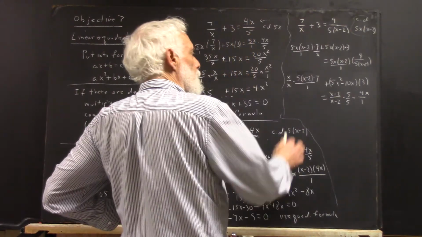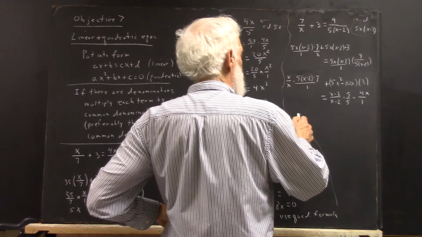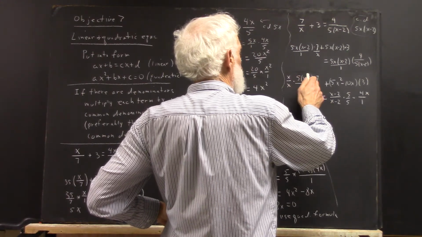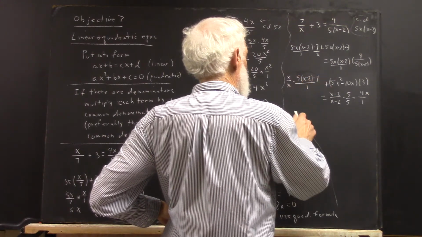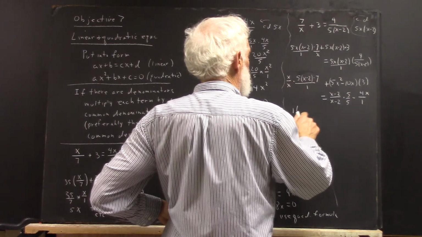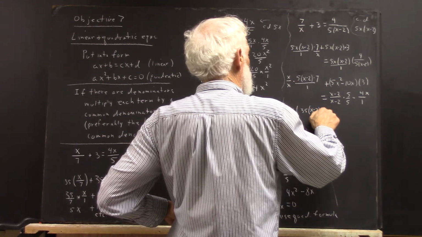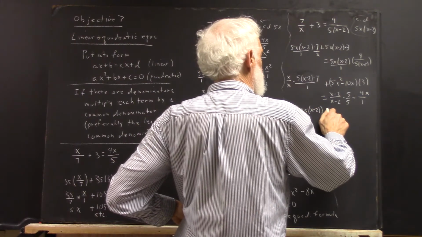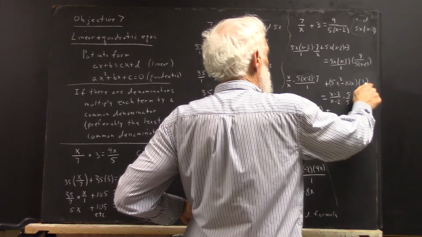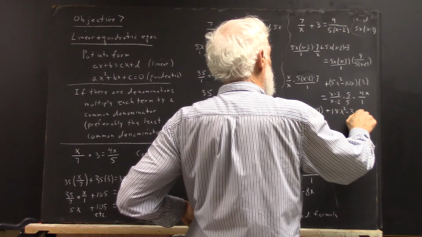Okay, so now what do we have? x over x is just 1, and that's times 5 times x minus 2 times 7. So this is 1 times 35 times x minus 2. And now multiplying through by the 3, we have 15x squared minus 30x.